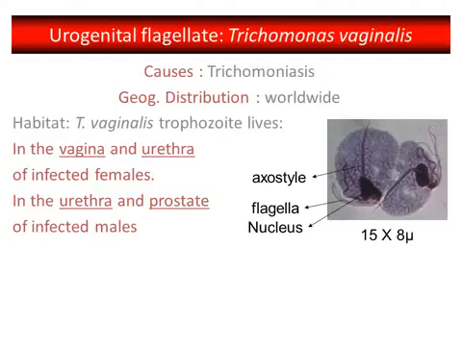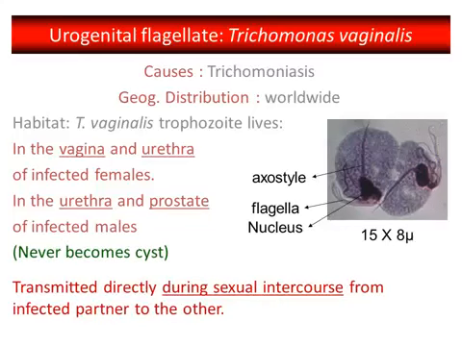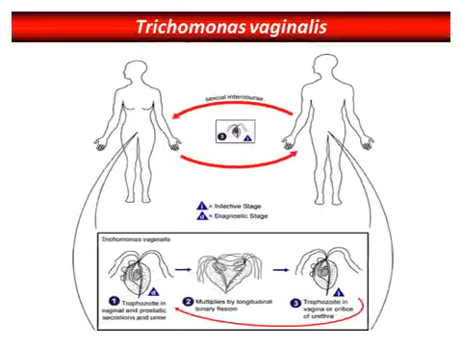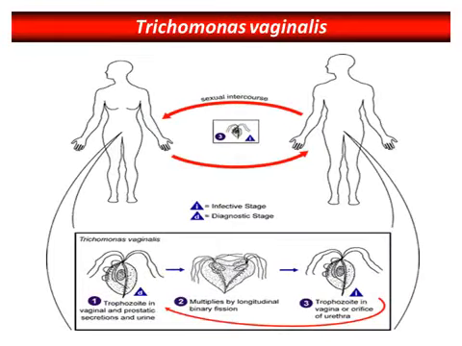In this picture, the axostyle, flagella and the nucleus. It never becomes cysts. This is a very important note. Transmitted directly during sexual intercourse from the infected partner to the other. This is a simple life cycle.